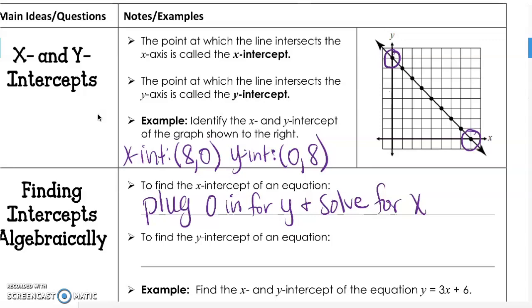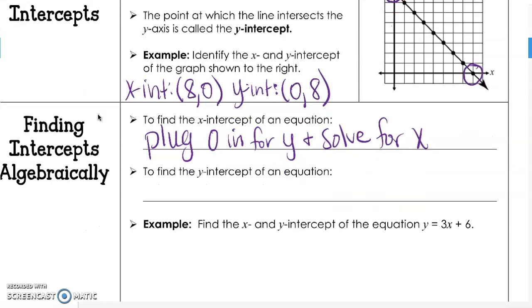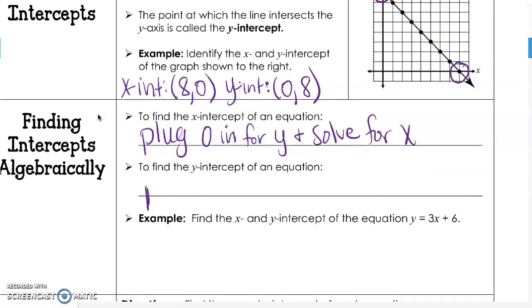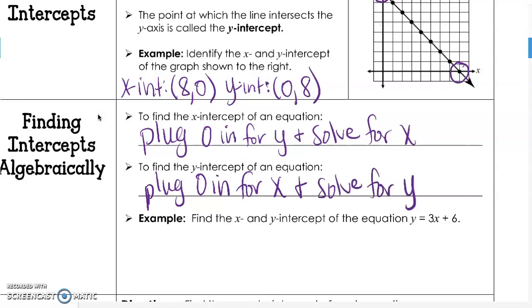So then the other way for the y-intercept then is to plug 0 in for x and solve for y. So it's kind of opposite. When you want the y-intercept, you need to put the 0 in for x.